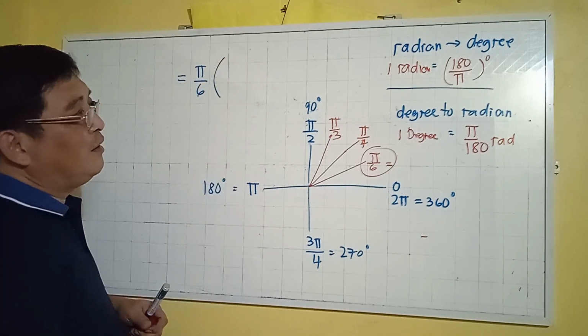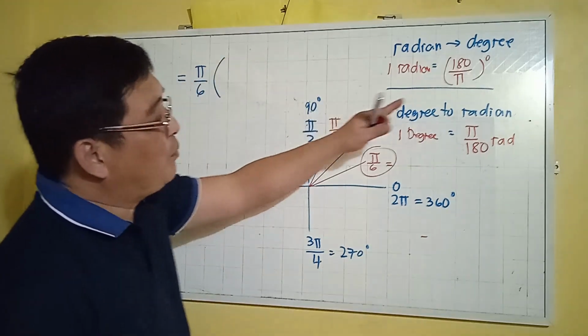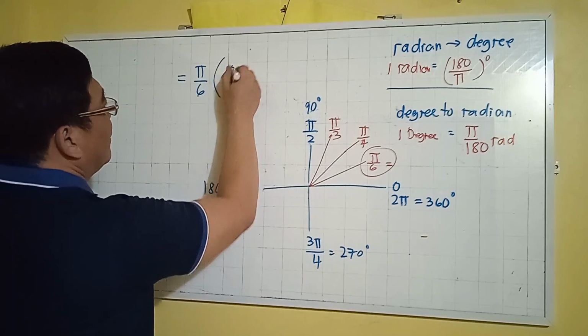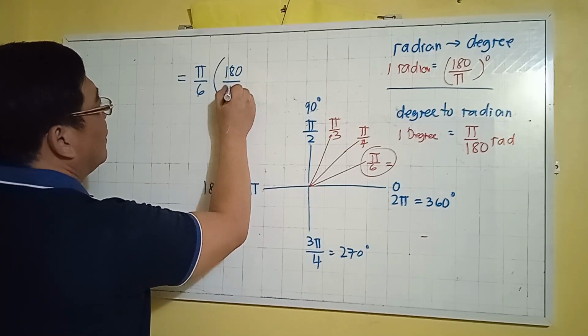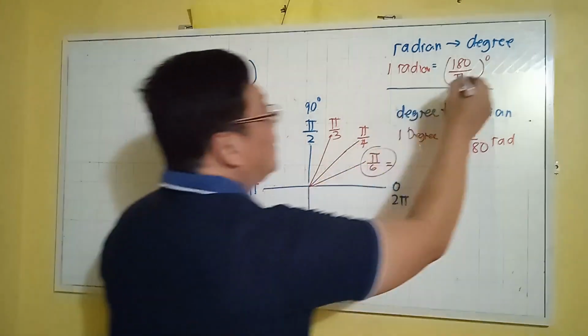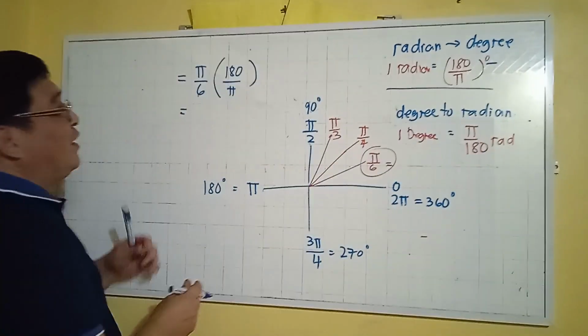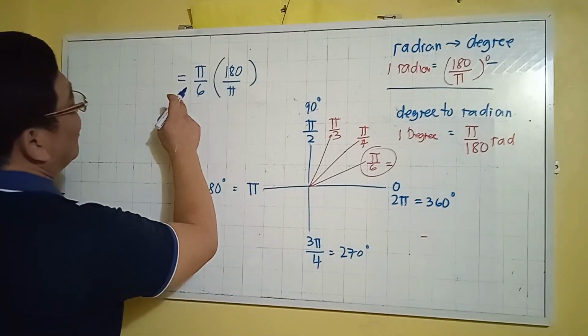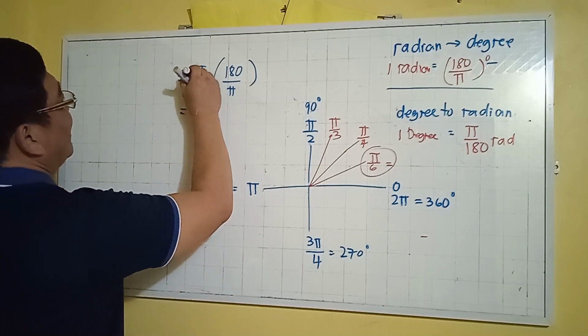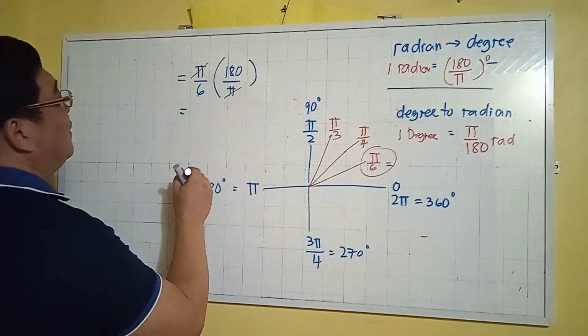Para ma-convert yan, multiply natin ng 180 over 5. So, makukuha natin is in terms of degrees. Pagka ganito na ginawa natin, we are going to cancel pi and pi.